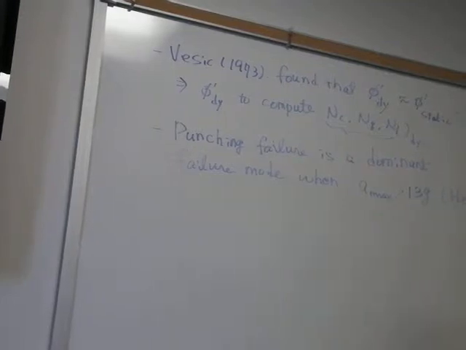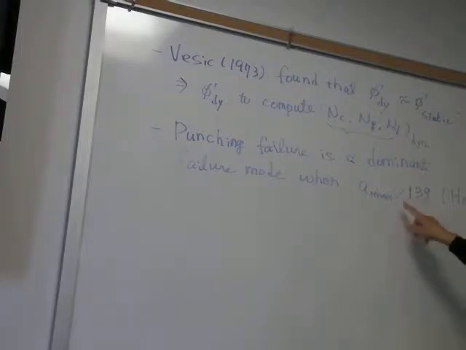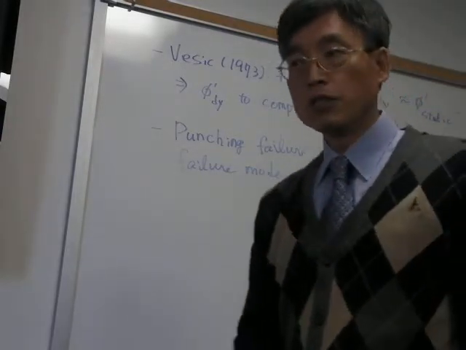So when you have very high acceleration, you actually have to consider the punching failure, not the general failure. But 13 G is very high acceleration, right? Most times we are not going to have this condition. But just remember this one: when you have very high G, it will be the punching failure.